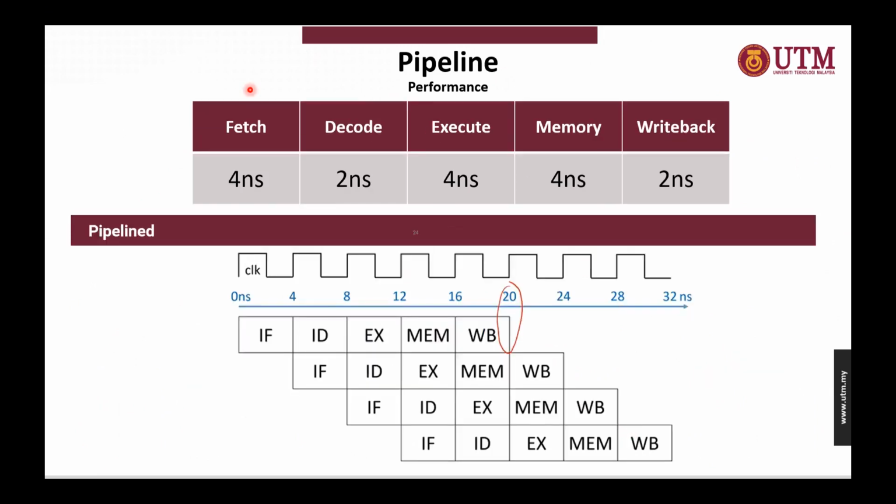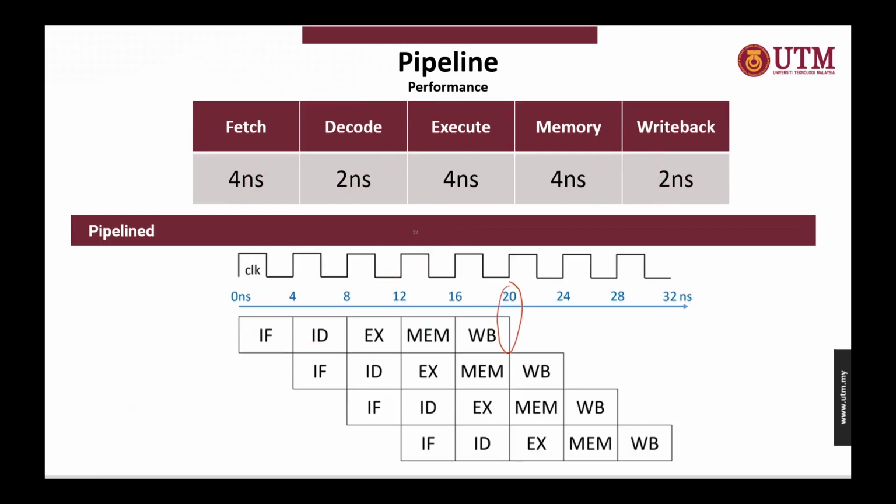So this is for the pipeline. We assume the same stages with the same times here: 4 nanoseconds, 2 nanoseconds, 4 nanoseconds, 4 nanoseconds, 2 nanoseconds.